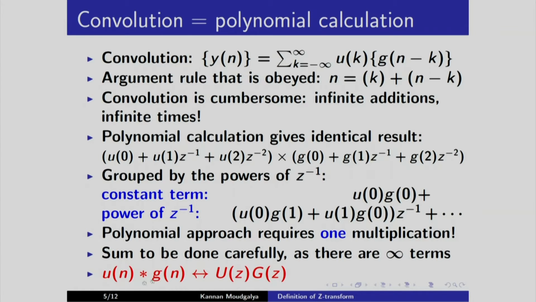We will denote this as u convolved with g of n has the polynomial representation U(z) G(z). Remember, this is nothing but this expression. Remember, we use this simplified expression with asterisks to denote this, and this U(z) G(z) is what we have.